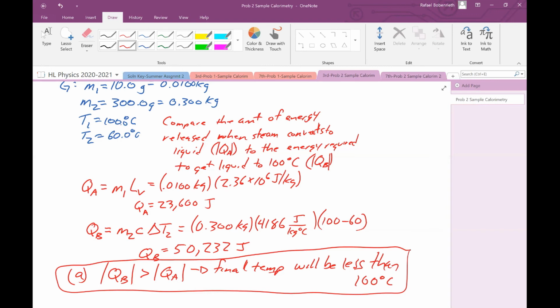All right. Part B, let's go back. What does part B say? Part B says, what will the final mass of the liquid water be? Will it be 300 grams or more than 300 grams?